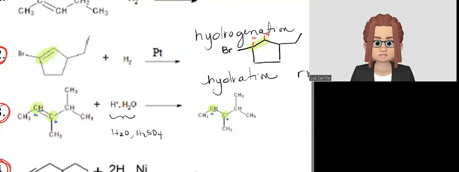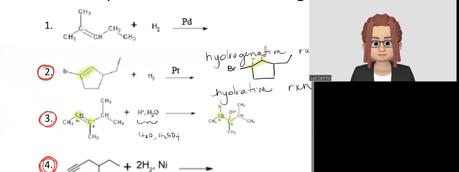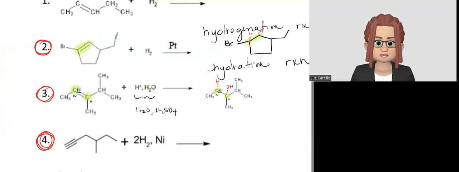So what that means is that in this hydration reaction, this carbon receives the hydrogen, and this one receives the incoming OH. Based on this information, decide what is going to be the product for number 4.